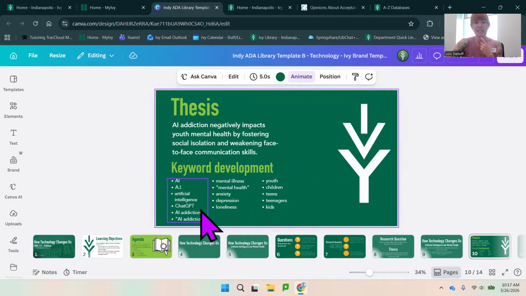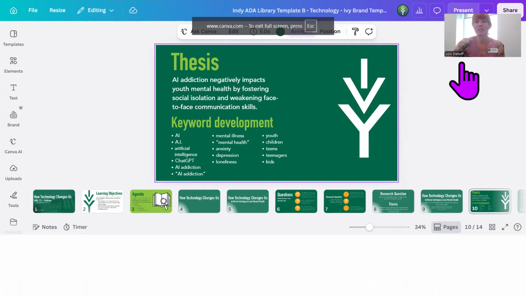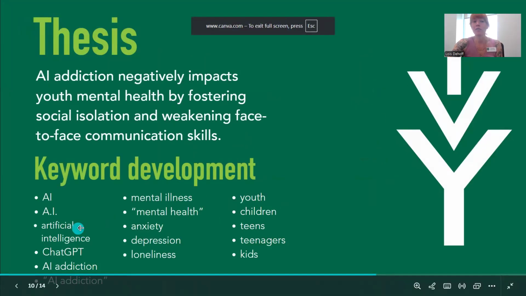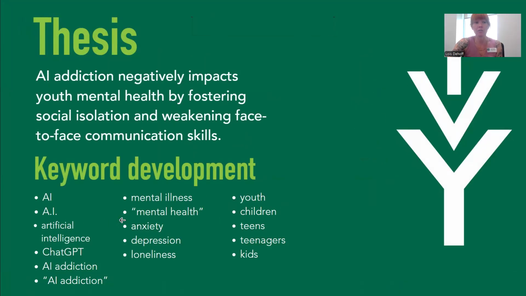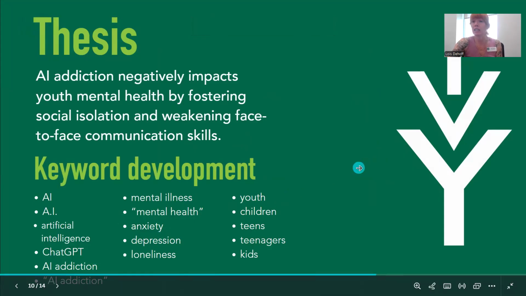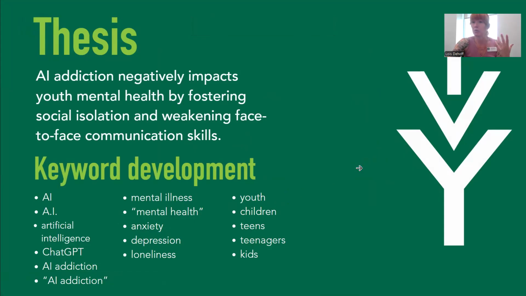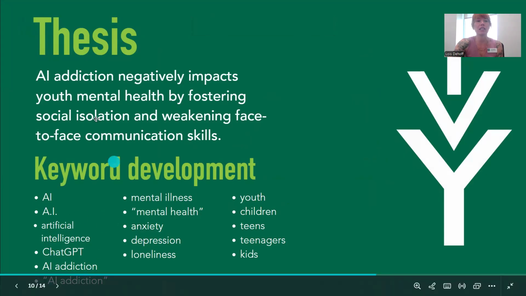Different ways I could write AI addiction include AI with no period, AI with periods. Let's see this a little bit closer. Artificial intelligence completely written out. Chat GPT, looking at something that is a special brand or a special type of AI. AI addiction with no quotes, AI addiction with quotes. All of these are different ways of looking at just this first part of my thesis.